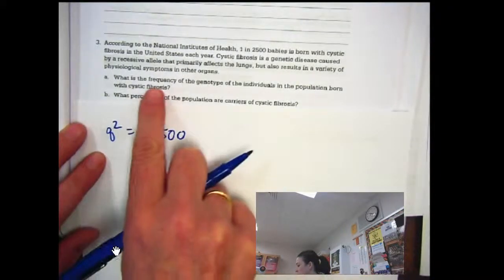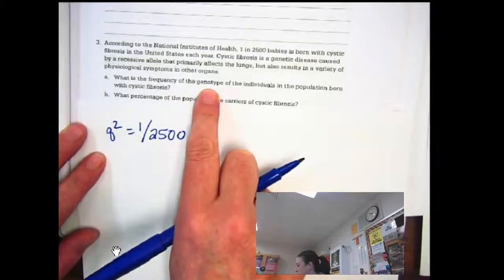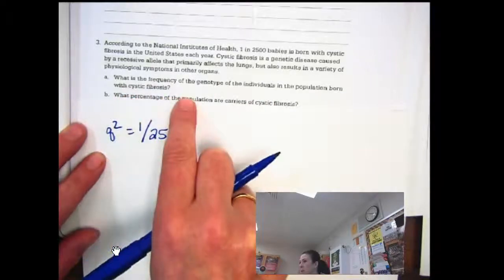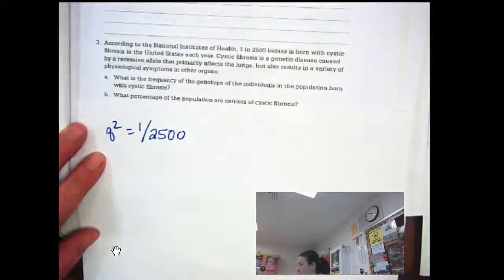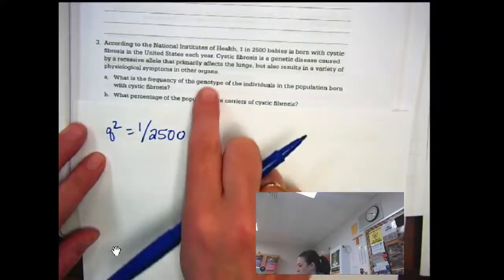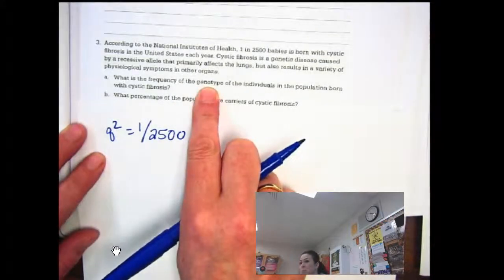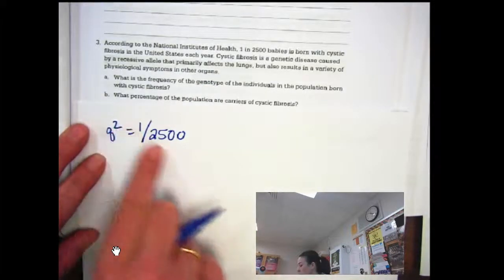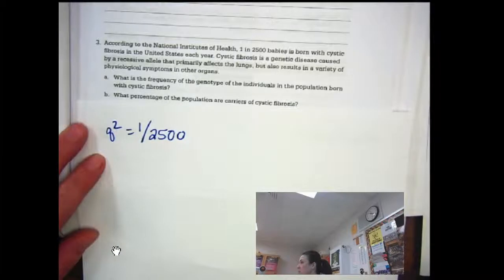So we want to know the frequency of the genotype of individuals in the population born with cystic fibrosis. The genotype would be homozygous recessive, which would be Q squared. So I would just take 1 divided by 2,500.